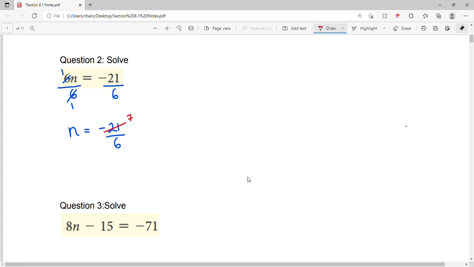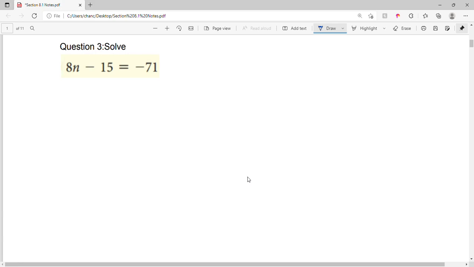And divide the denominator by 3, we get a 2. So our solution is n equals negative 7 over 2. Now this is a good answer. We do not need to convert it to a mixed number. This is a good solution. And we could write it in curly brackets also.